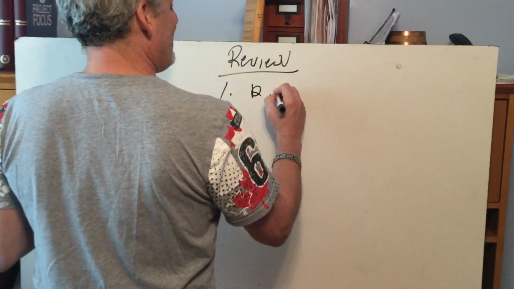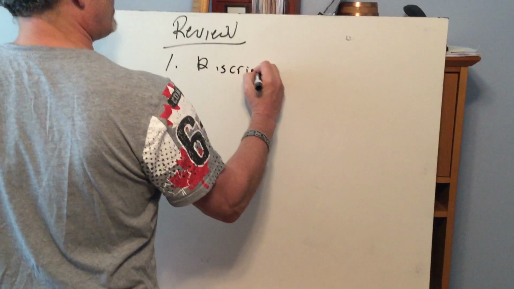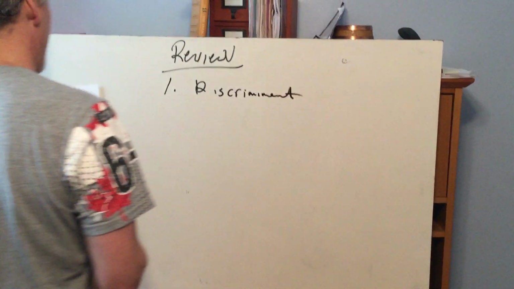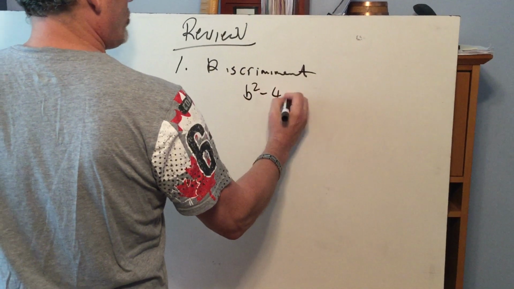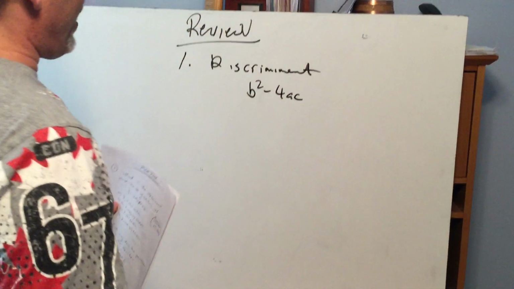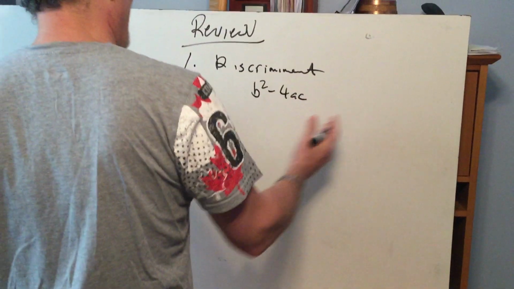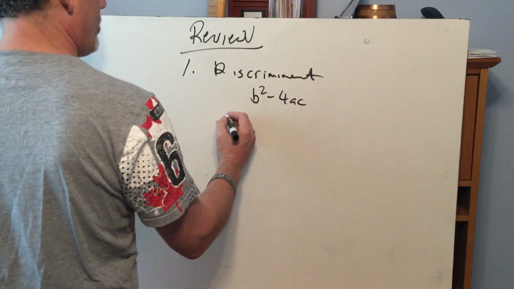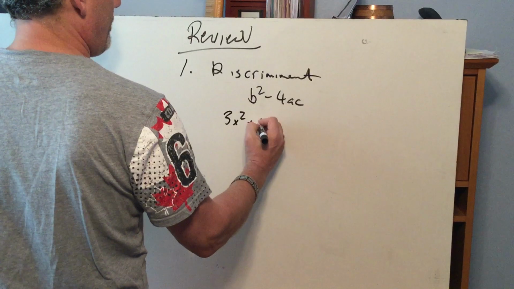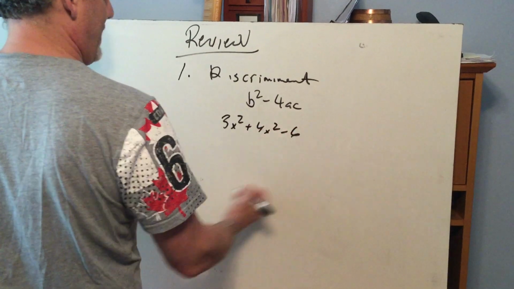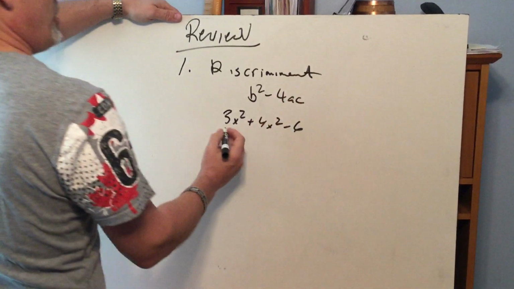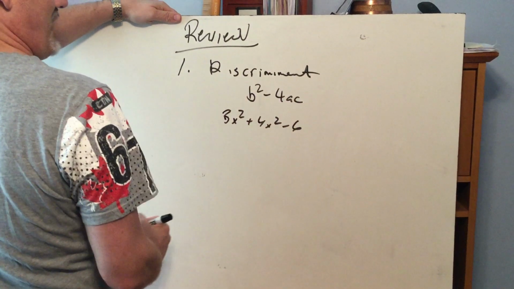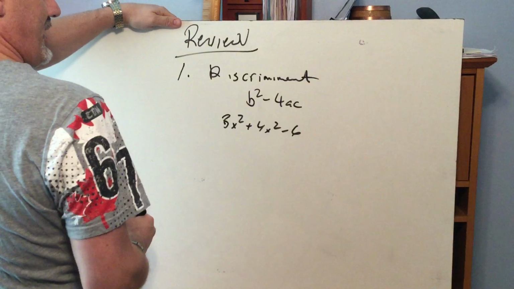First thing we taught you is the discriminant. What was the discriminant? The formula, which we will give you, is b squared minus 4ac. When they give you an equation, it could be any equation, like 3x squared plus 4x minus 6. You have to plug it in. When you plug in your a, b, c, remember standard form, you're going to get an answer.